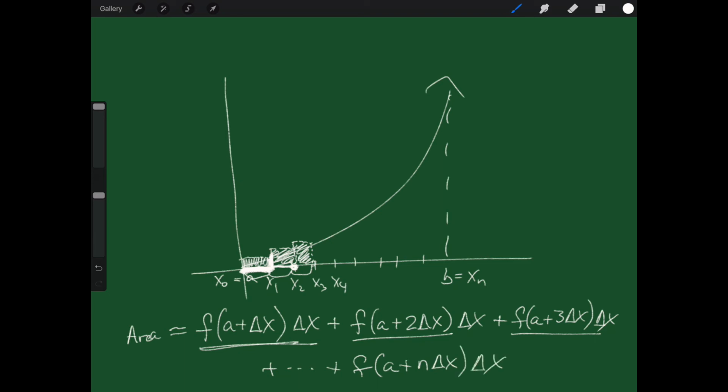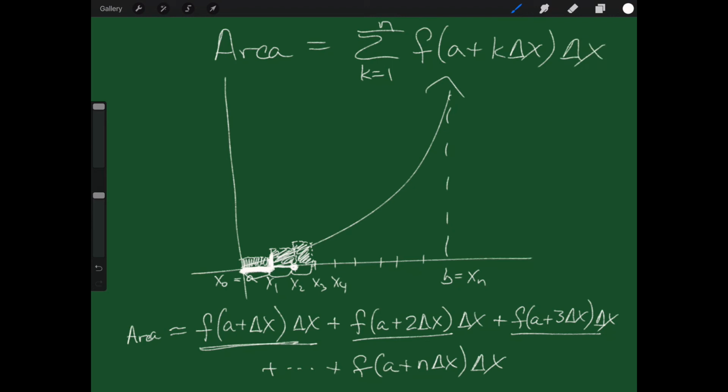Okay, let's put this all together in summation notation. Another way I could write this is that the area is equal to the sum, k going from 1 to n, of f of a plus k delta x times delta x.